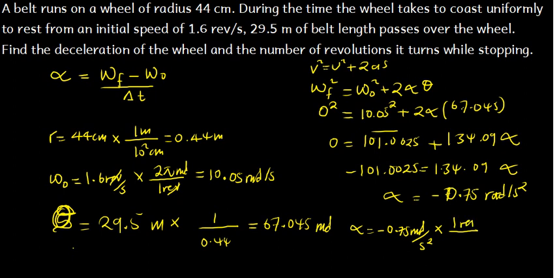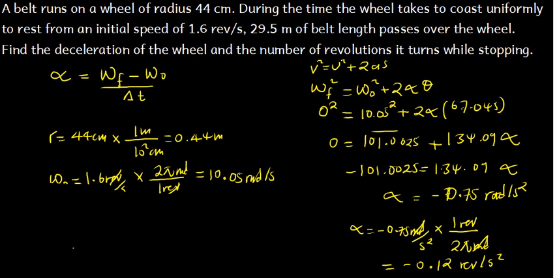In one revolution we have got 2 pi radians, so the radians cancel out, and the answer is going to be in revolutions. So just divide the 0.75 by 2 pi, and that will give us negative 0.12. This is in revolutions per second squared. Alright, that is going to be it.